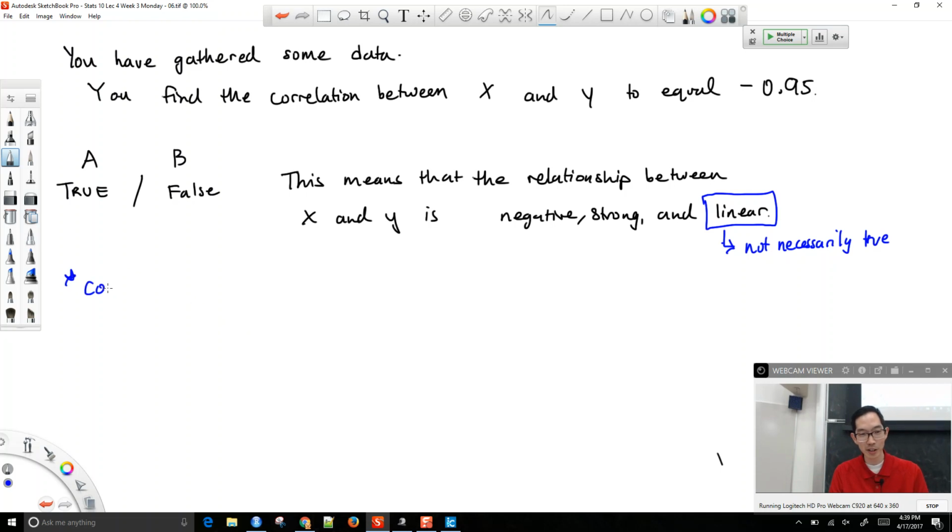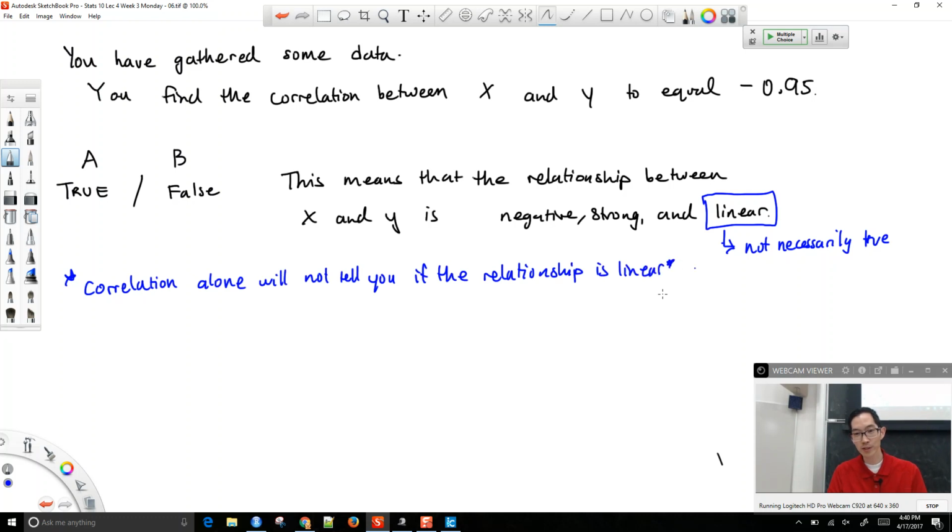Correlation alone will not tell you if the relationship is linear. How do we tell if a relationship is linear? What's the first thing we have to do? We must plot it, right? We must always plot first.